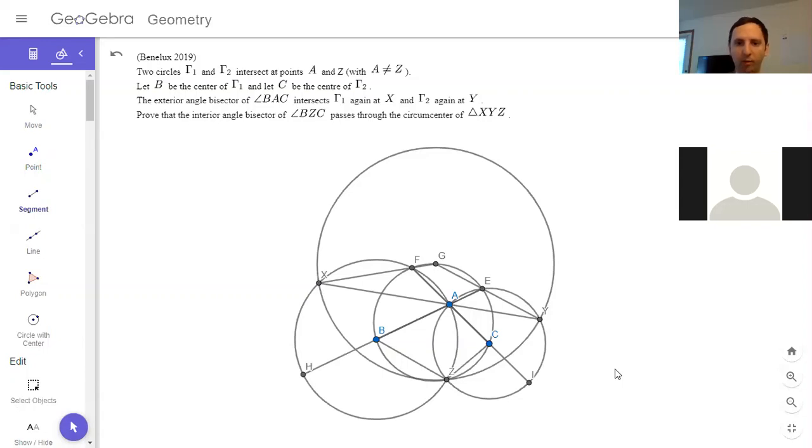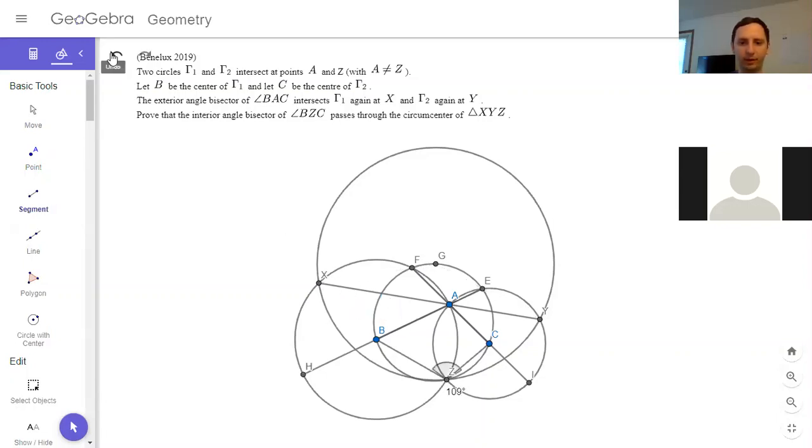Then we want to show G is the midpoint of arc BGC, and I think that's also just an angle chase because we just need to show angle GEB is equal to angle GFC. All right, so a lot of angle chasing here, but I think I see the solution.